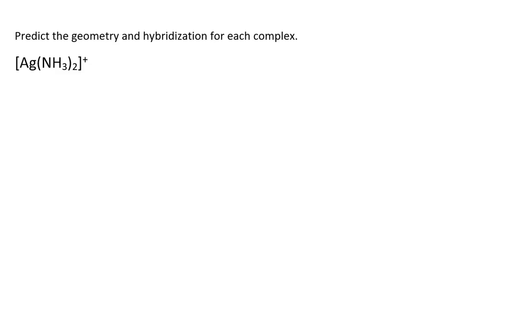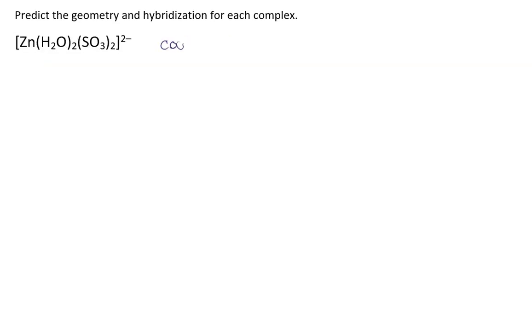So now we're going to look back at those same 3 examples, and we're going to predict the geometry and hybridization for each complex. For our first example, we determined that the coordination number was 2. All complexes that have a coordination number of 2 are linear, and the corresponding hybridization for a linear complex is sp.